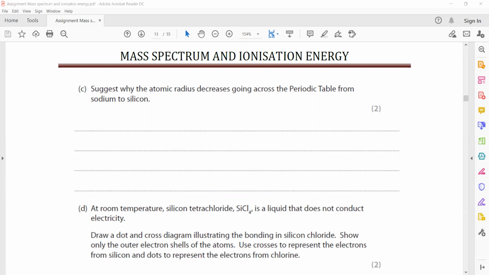What happens as we move across the period is that there are more protons, because the proton number increases as we move across the period. So more protons are attracting electrons in the same shell.